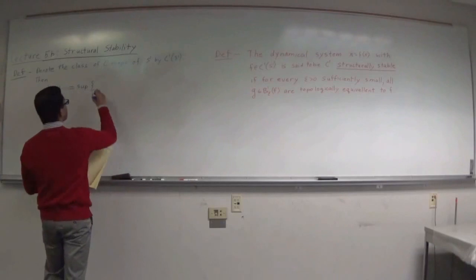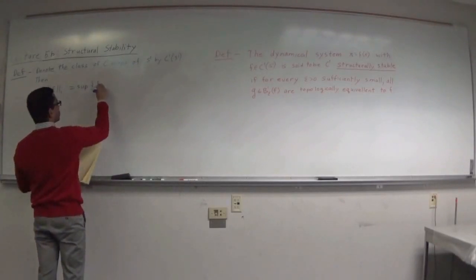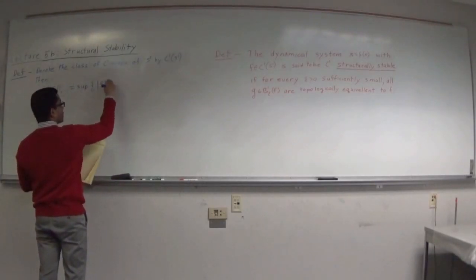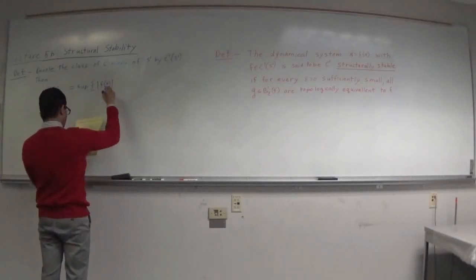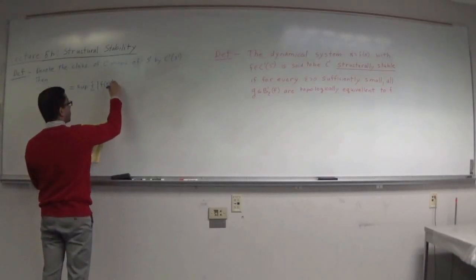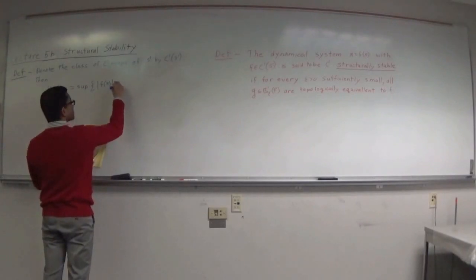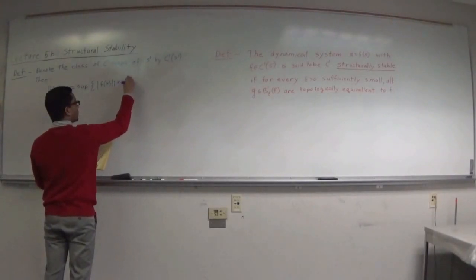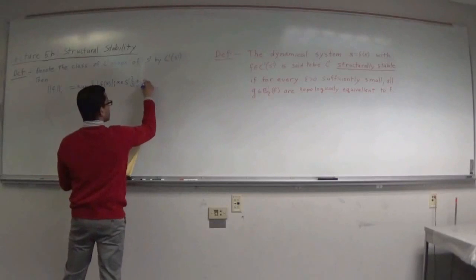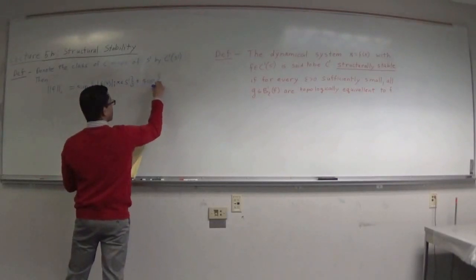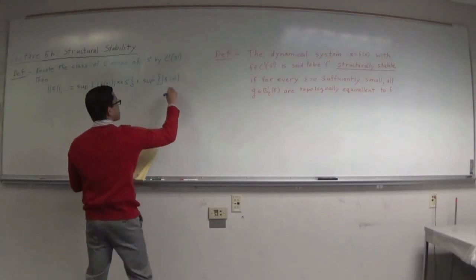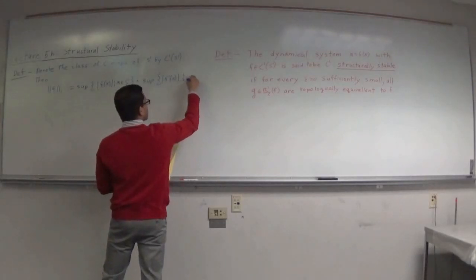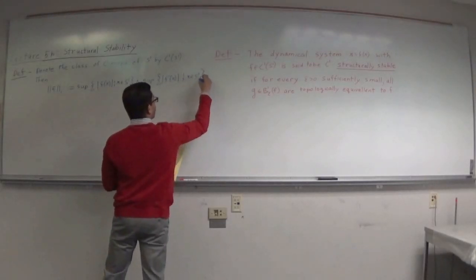So sup of the absolute value of f of x such that x is in S1 plus the sup of the absolute value of f prime of x such that x is in S1.